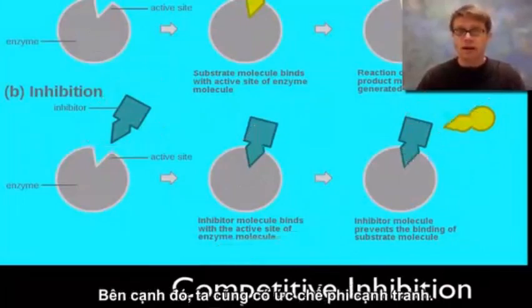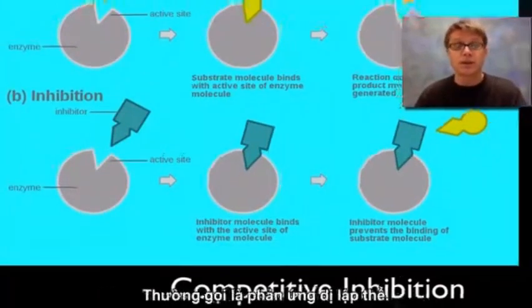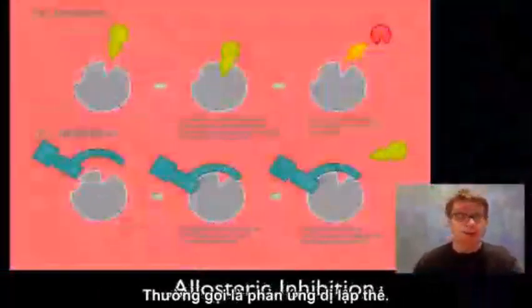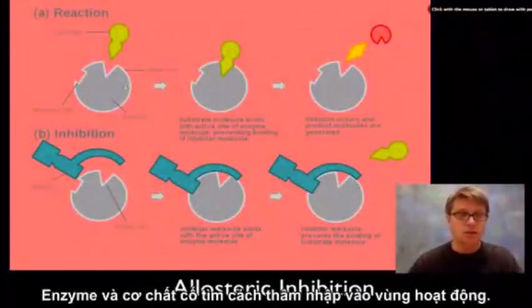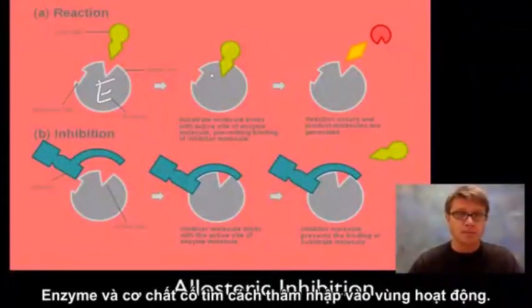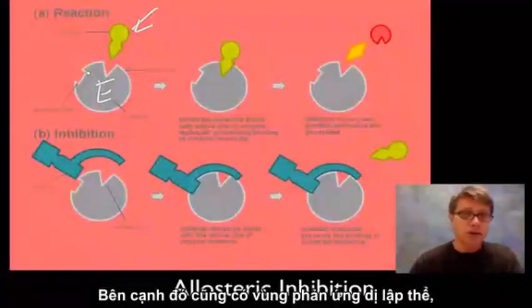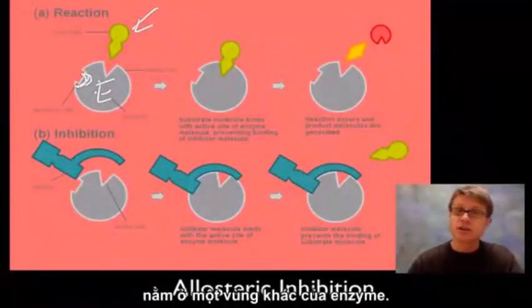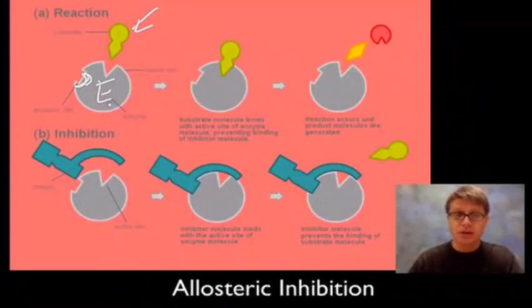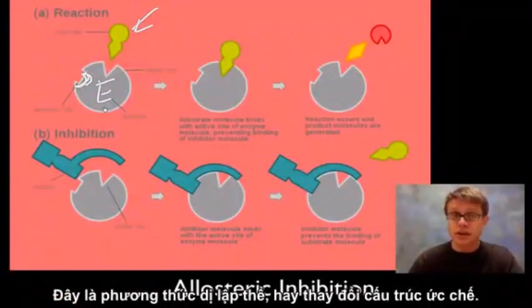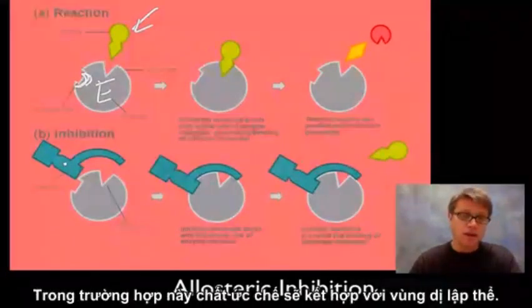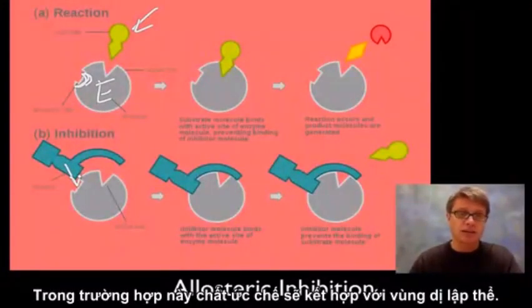Now we can also do non-competitive inhibition, and we usually call that allosteric. Allosteric inhibition works the same way. Here we've got our enzyme, and here's our substrate trying to fit into the active site. We also have what's called an allosteric site, which is another site on the enzyme itself. One type of allosteric, or shape-changing, inhibition is that we can have an inhibitor that bonds to that allosteric site.